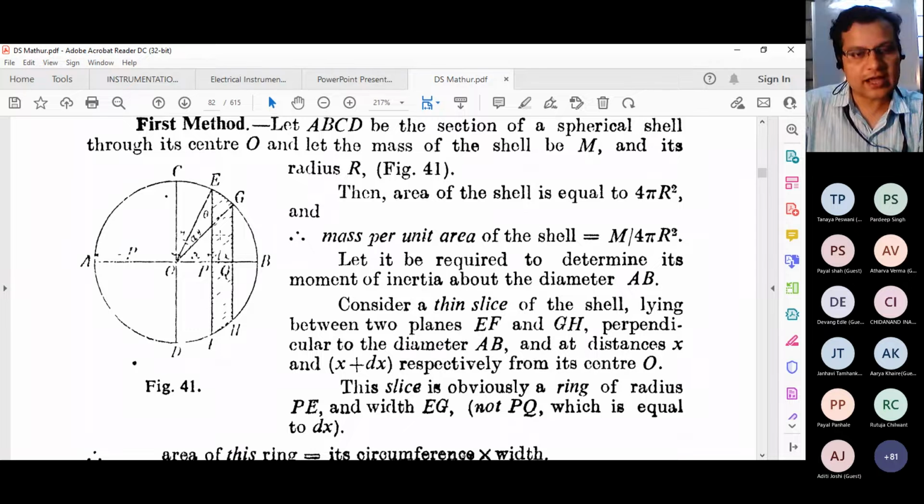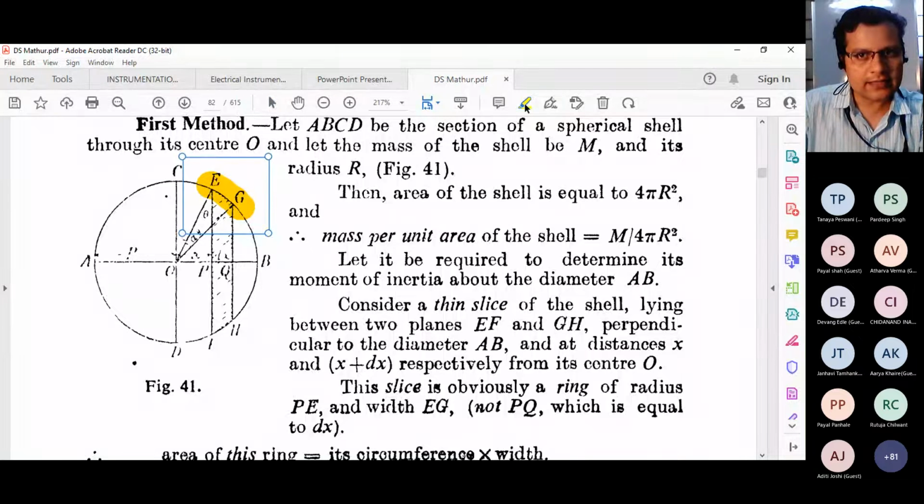You might ask that this section is not exactly the diameter of the shell. I'm talking about PE being the radius of the ring, and it has the width of the curve EG. Sorry, I'm not pointing out the exact point here, but you can see the portion I'm talking about; EP is the line we draw.